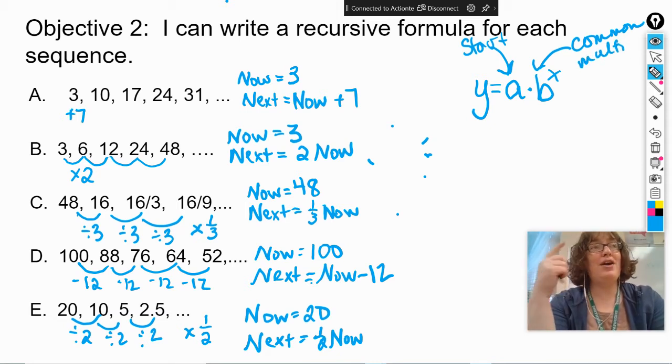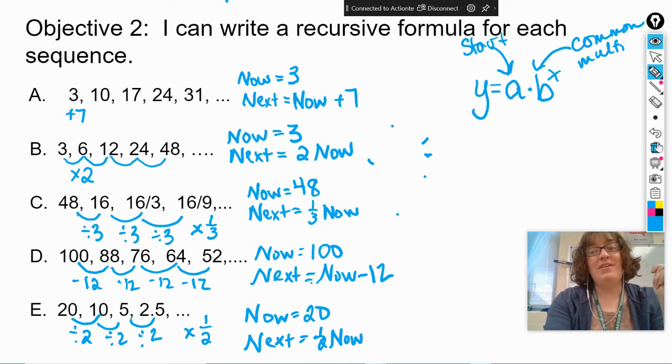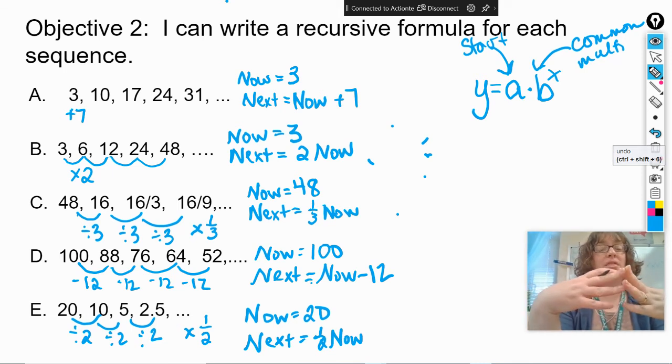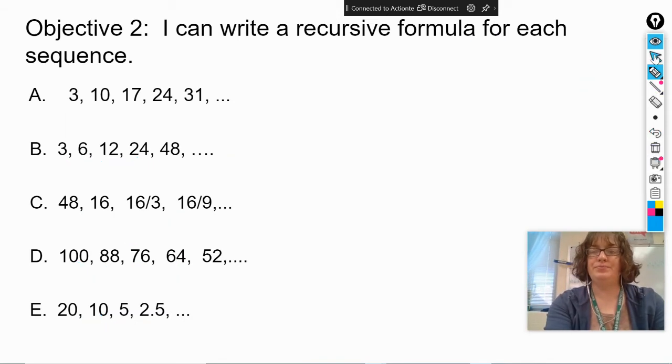Now, some of you may already be beginning to see how this may fit together in writing an equation, but we're going to look because our next objective is asking us now to look at a rule that's written and come up with the sequence that's formed. So it's just opposite of what we did here on objective number 2.